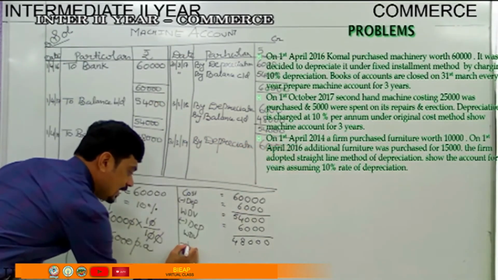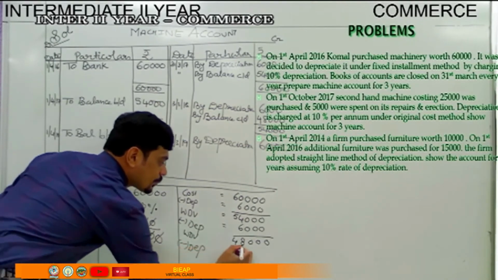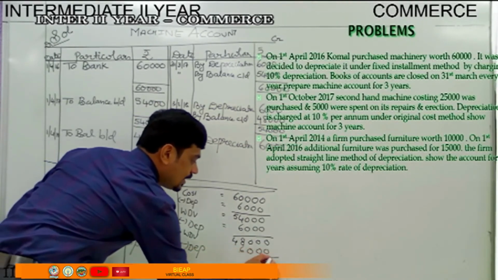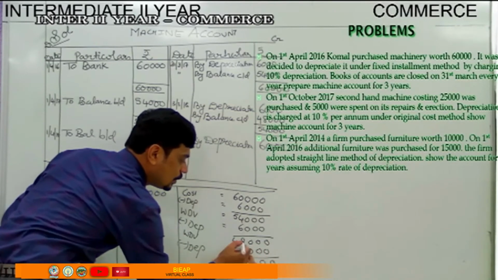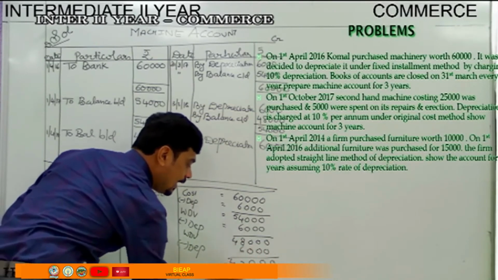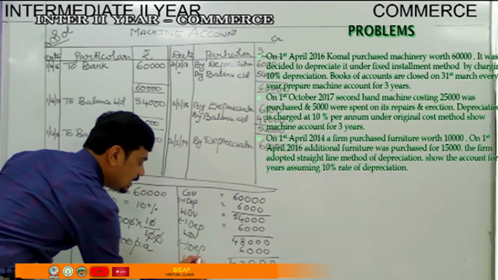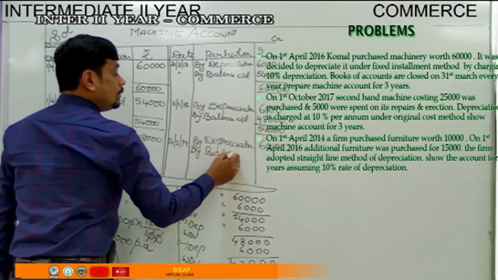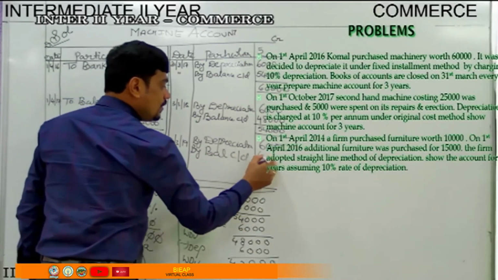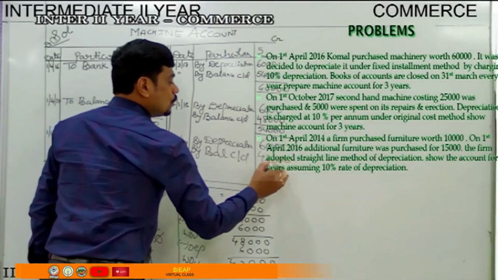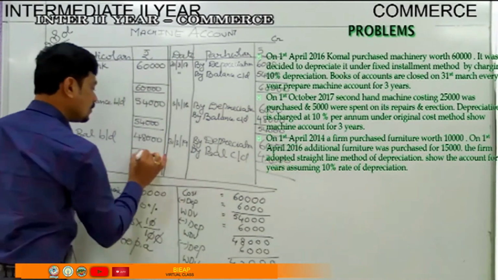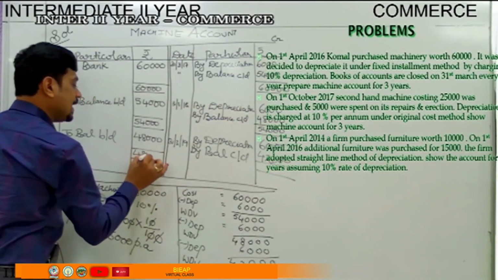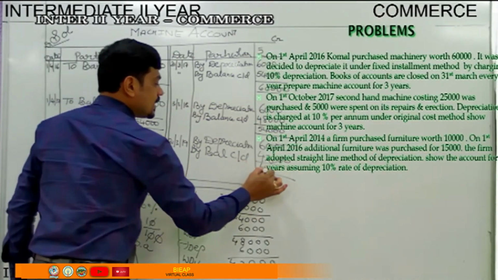So I'll minus again 6,000. By minus 6,000, how much do I get? 0, 0, 0. 8 minus 6, 2 and 4. This is written down value again. So close. By balance carried down. How much? 42,000. Close the account with 48,000 both the sides.